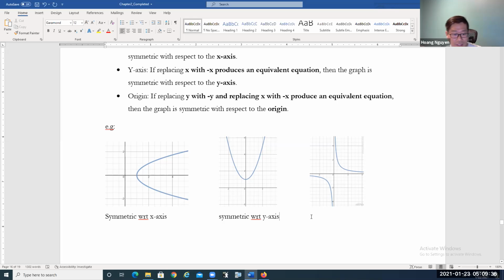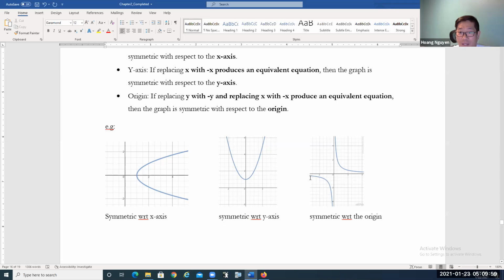Now the third example, the third graph over here, I'm going to use to show symmetry with respect to the origin. Okay, so this is an example of symmetry with respect to the origin.